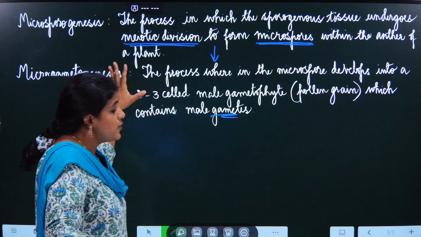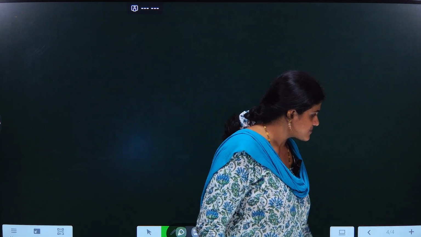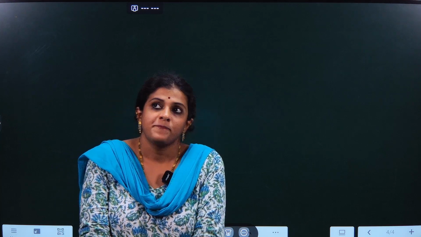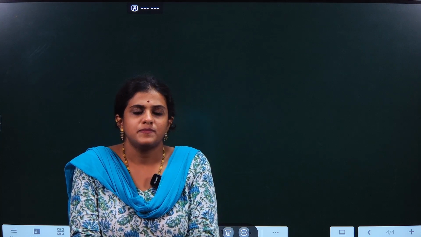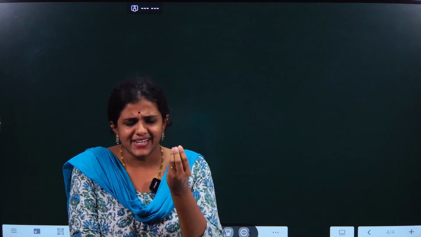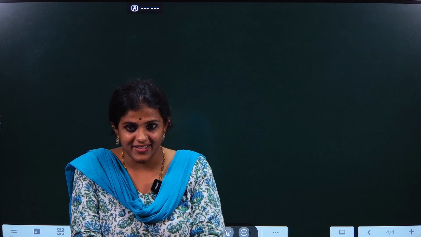Okay. So how is this going to happen? We will go through now. I am going to write a flow chart so that you understand it better. Now, when the flower is just formed, it is not bloomed yet. At that time if you see the anthers or the stamens, they will still be young, right?